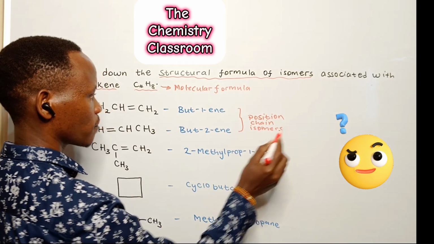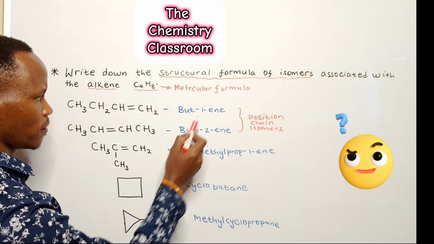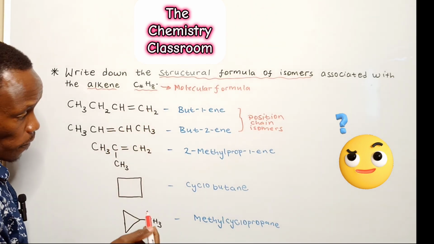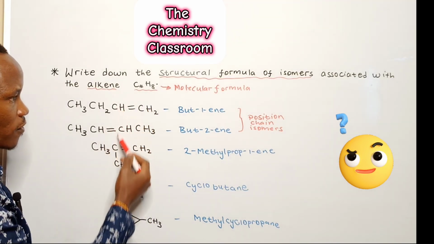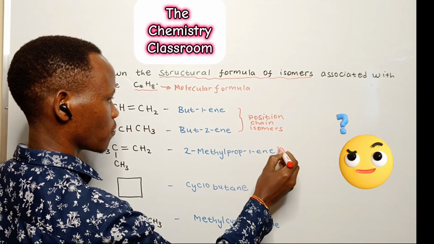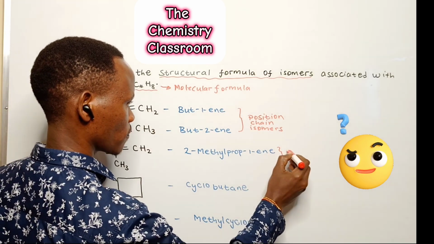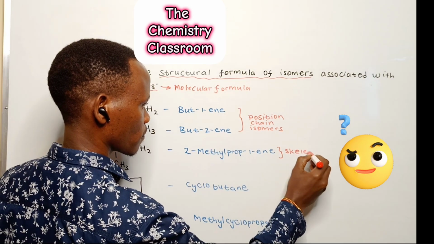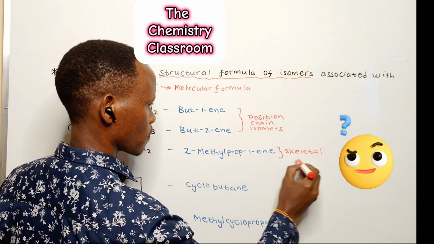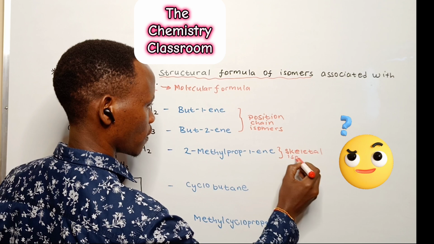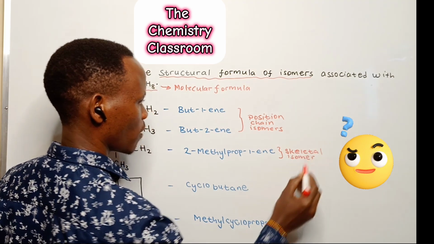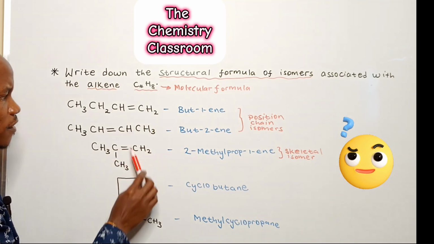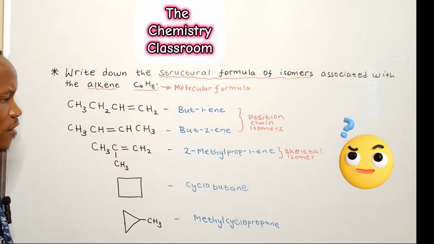Why? Because they have difference in position occupied by the carbon-to-carbon double bond, and this one, as compared to the first two, is what we could call a skeletal isomer. Why? Because it has a different carbon skeleton as compared to these two.